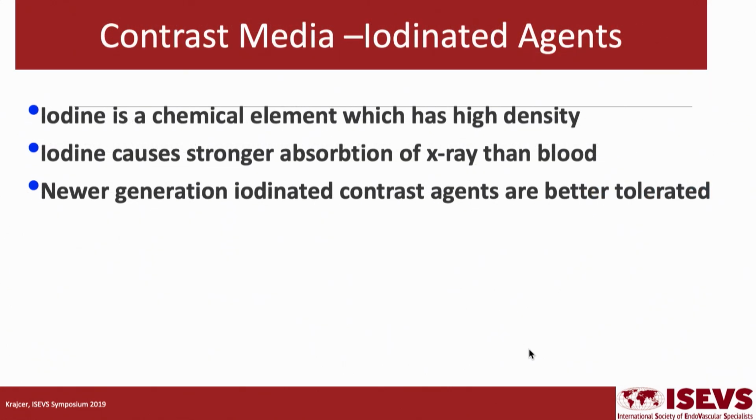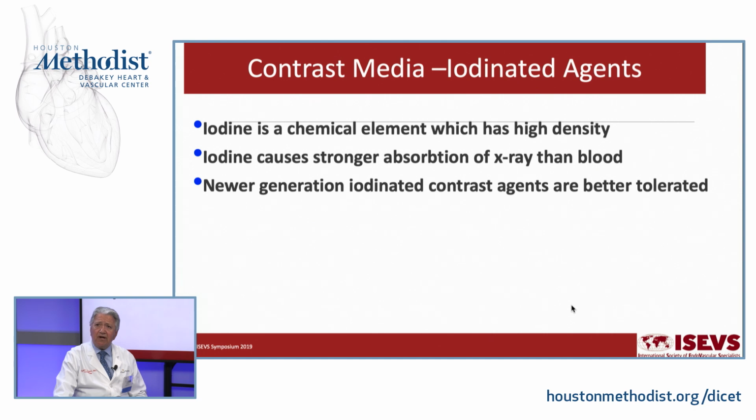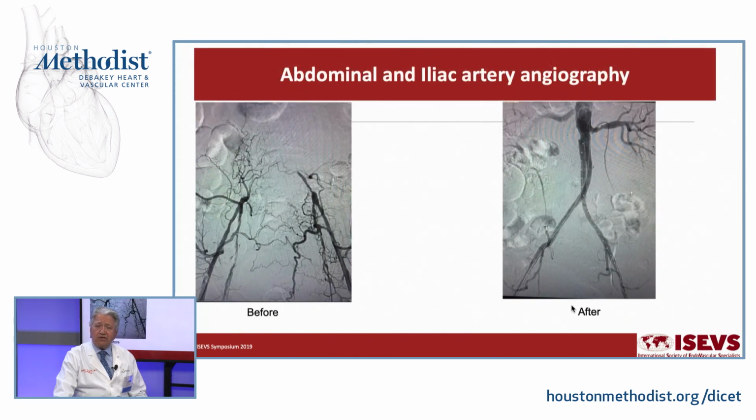There are a variety of contrast modalities available, and the oldest one that is routinely used is iodinated agents, which offer us excellent imaging opportunities. However, there are certain side effects with it that we'll discuss briefly.